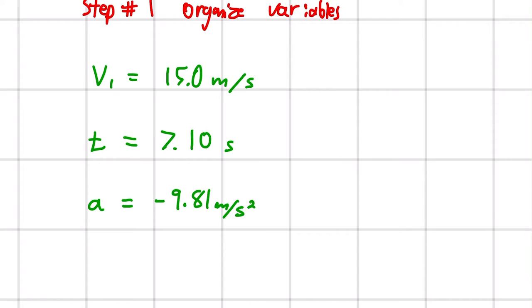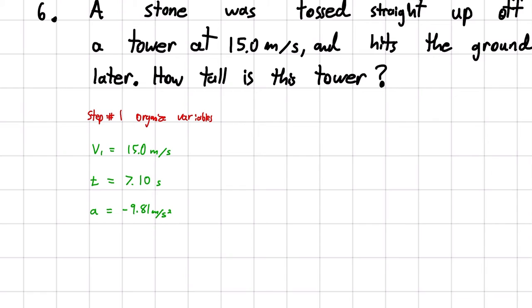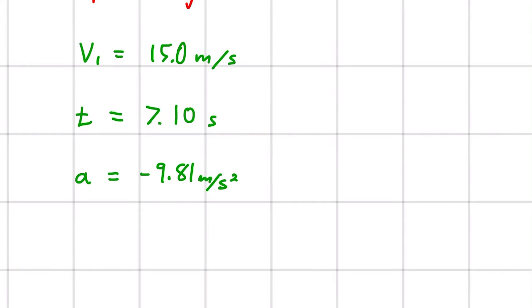Again, that's a value you're expected to memorize as long as you're on Earth. And then our fourth variable, the one that we will be looking to find, our unknown, is the height of the tower. That variable is change in position, and it's our unknown.